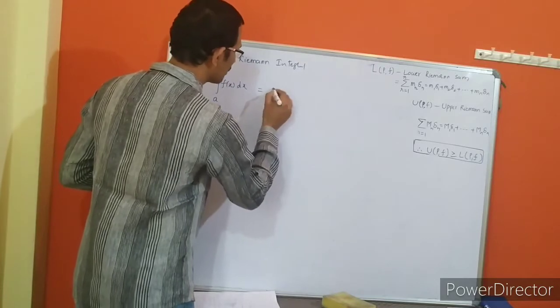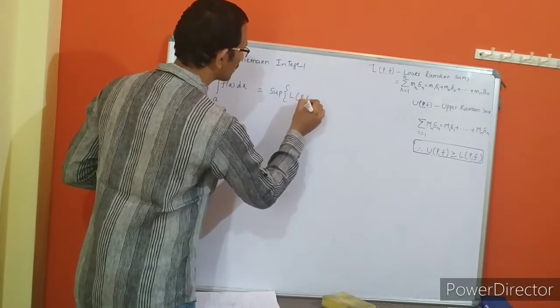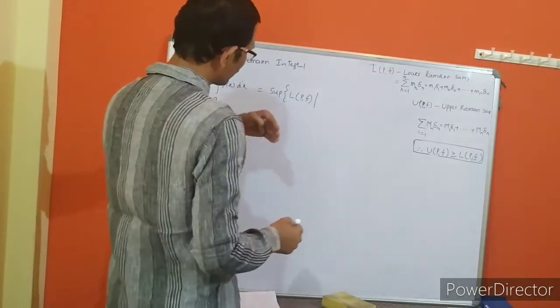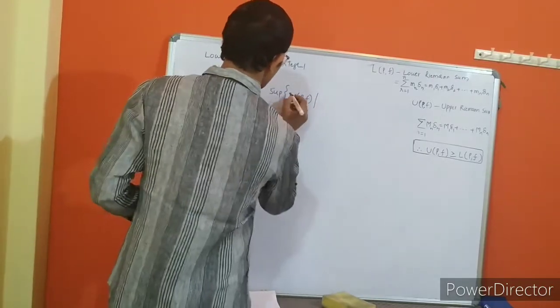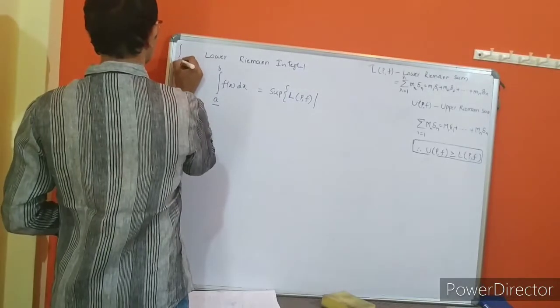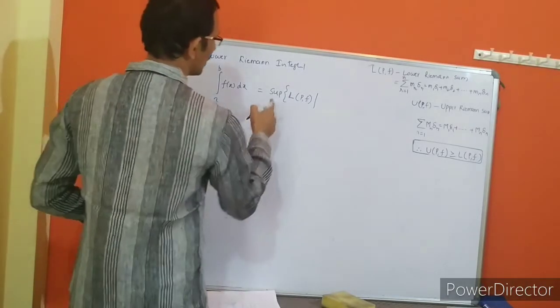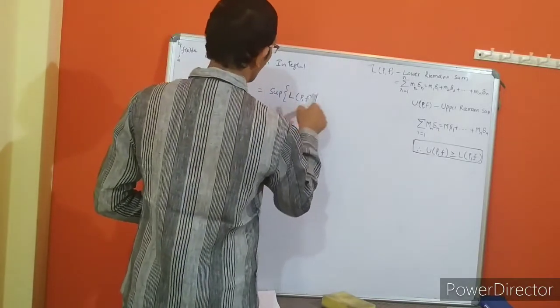This is nothing but the supremum of all lower Riemann sums. The lower Riemann sum is an approximation from below, which is why it is always smaller than the original integral a to b f of x dx. So what we are taking is the maximum, or biggest, among all small values.